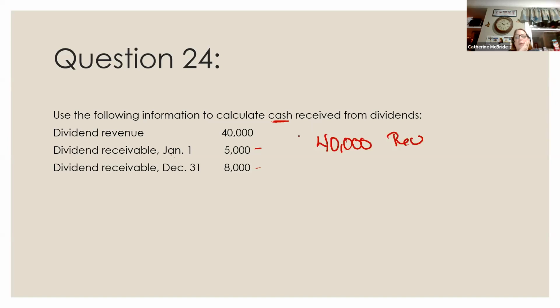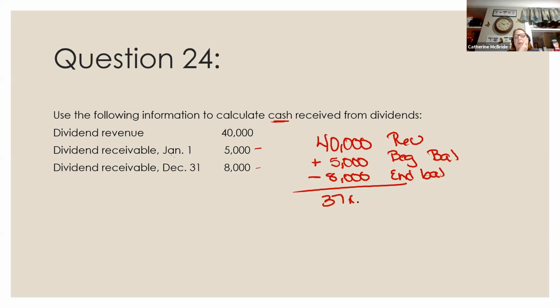So what you're going to do is add the $5,000 beginning balance in the receivable and subtract the ending balance, and you actually received cash of $37,000.